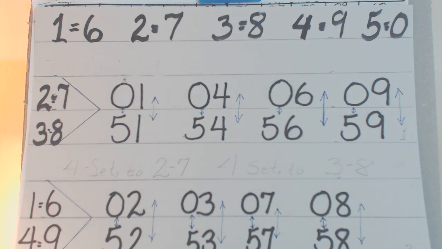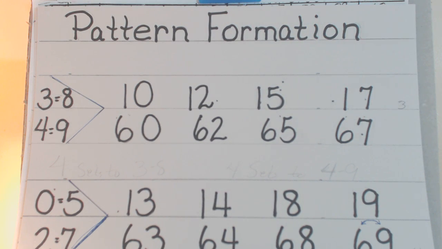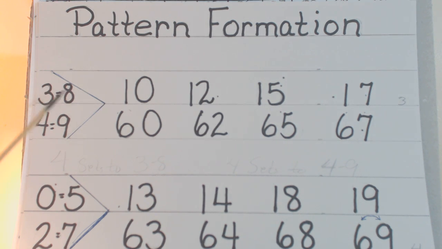Let's get the second group of numbers up for you. I may need to tilt this down just a little for you. Okay. And this is your 3 and the 8 group and the 4 and the 9. And these are the numbers that accommodated them.